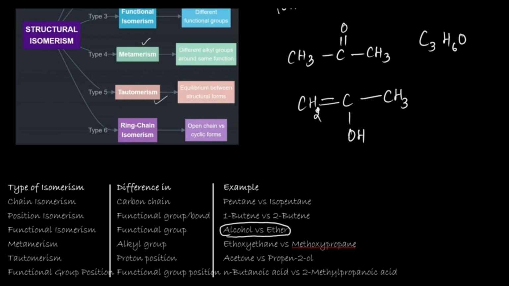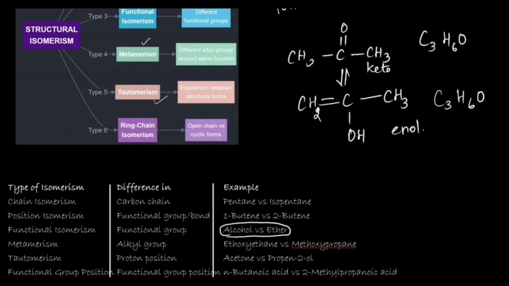This is also C3H6O, right? Same molecular formula once again. But what happened over here? The shift of hydrogen. This maintains an equilibrium. This is keto and this is enol.